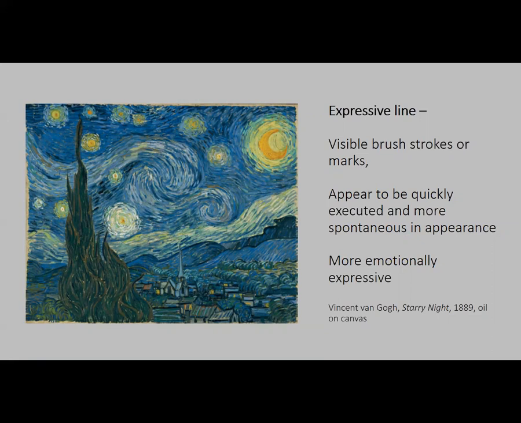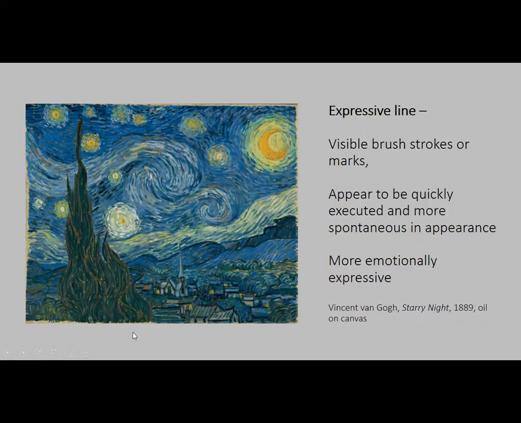We're going to talk about an artist that used expressive line. This is a Van Gogh painting, with lots and lots of visible brush strokes or drawing marks. Look at all these marks. They're not carefully blended. Expressive line appears to be more quickly executed and more spontaneous in appearance.